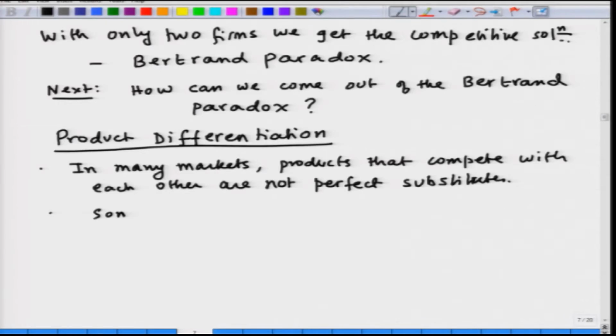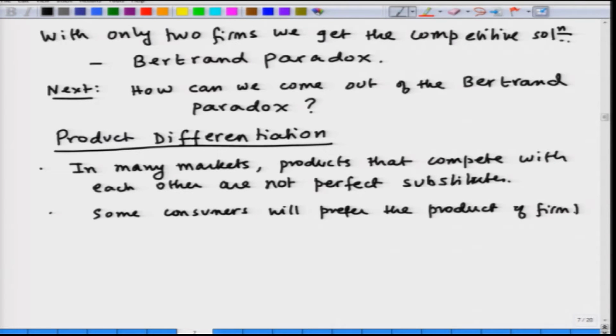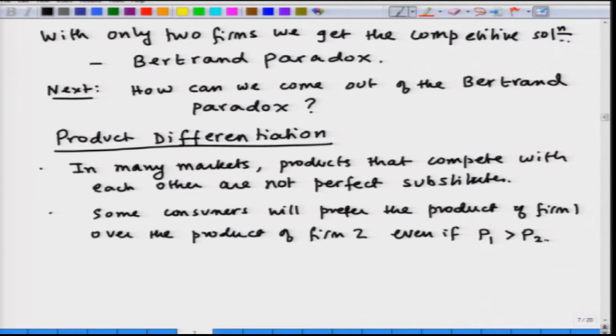So, some consumers will prefer the product of firm 1 over the product of firm 2, right, even if the price of firm 1's product is greater than the price of firm 2's product.